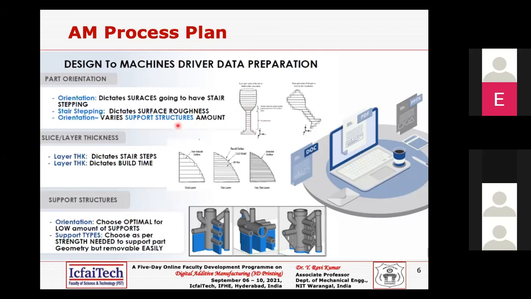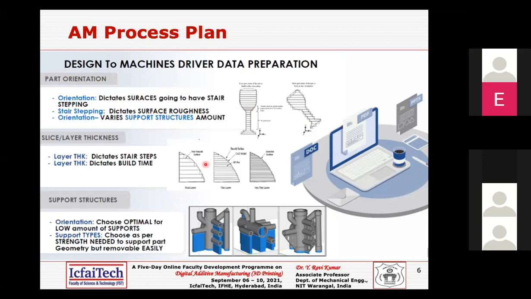So we need to properly select a part orientation. Then you may have a doubt about what the optimum orientation could be. You may have several criteria in your consideration for fixing your part orientation. That also we'll discuss. We have several criteria that should be considered while fixing the orientation.